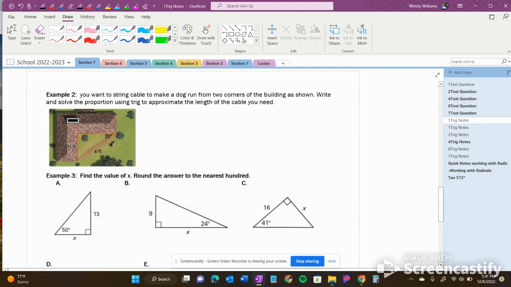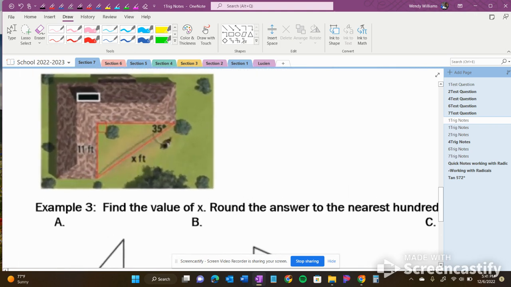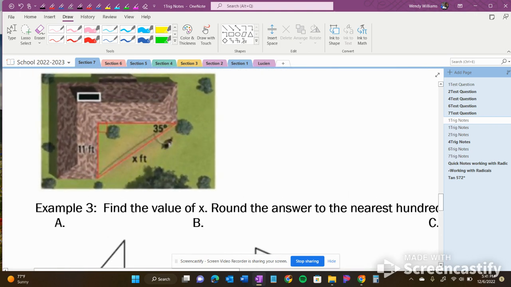All right. Let's apply this to a word problem. You want to string a cable across to make a dog run from the two corners of the building as shown. Write and solve the proportion using Trig to approximate the length of the cable you need. All right, so don't freak out, it's a word problem. Look at the problem. Do they give me an angle?